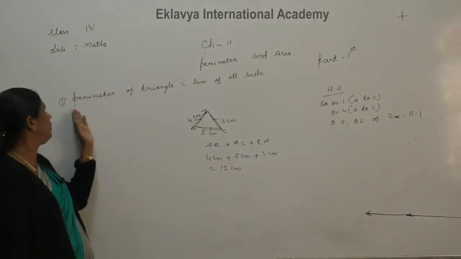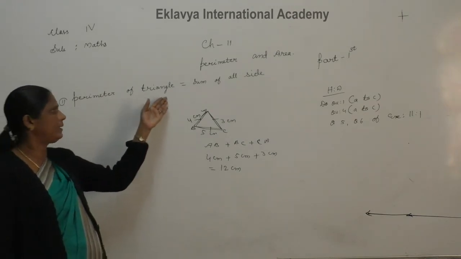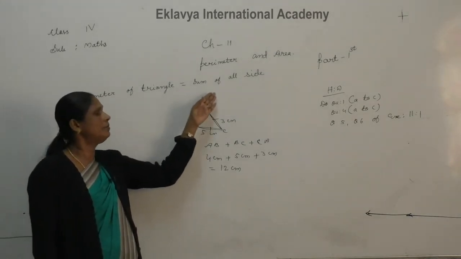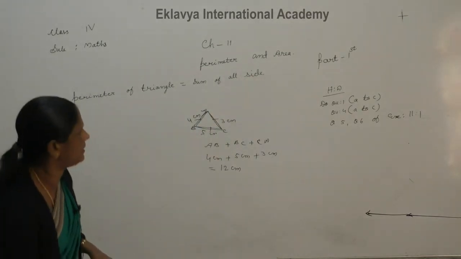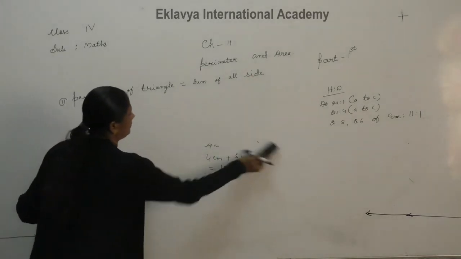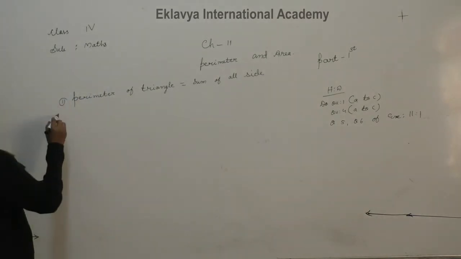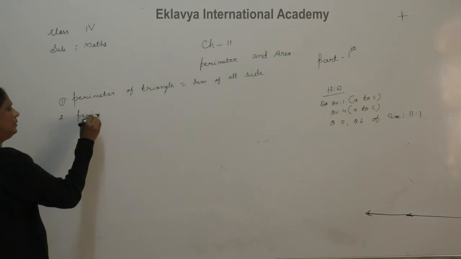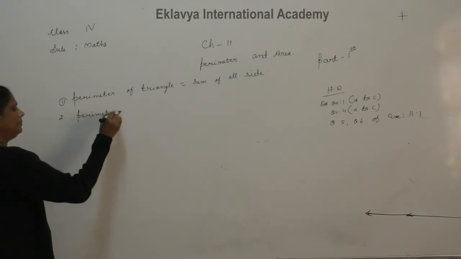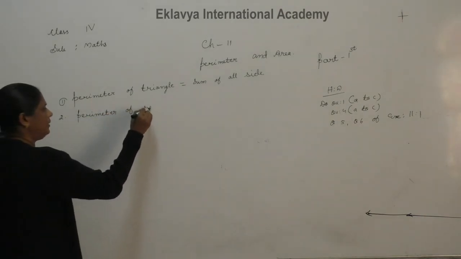The formula of perimeter of triangle is equal to the sum of all sides. Second, perimeter of rectangle.